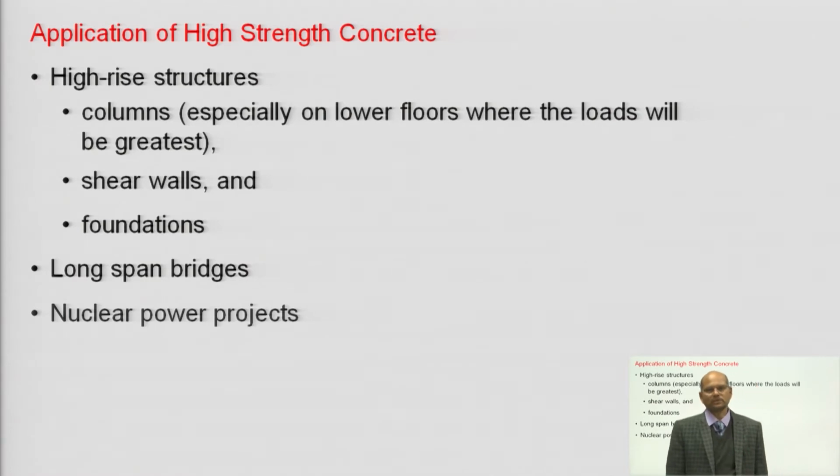Similarly, we can use it for shear walls, because you can use a thinner section, and for foundations also, if the depth of the foundation is coming more, particularly for high rise buildings.